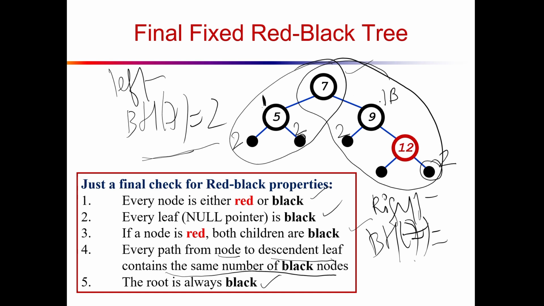So over here also the black height is 2. Even if I consider the left leaf node of node 12, I have one black node for 9 and another black node for the left leaf node of node 12. So the black height of node 7 for the right subtree is also 2. That is, I comply with property number 4 as well, that every path from a node to the descendant leaf contains the same number of black nodes.